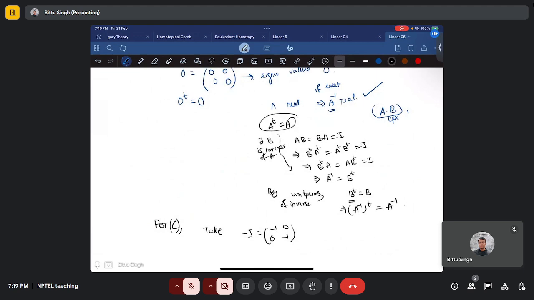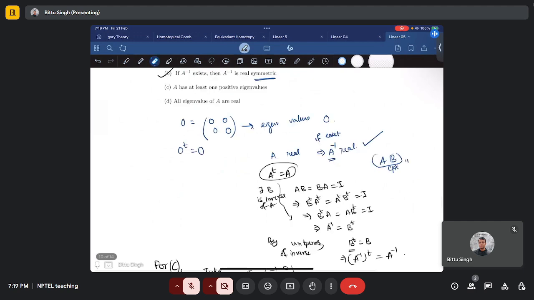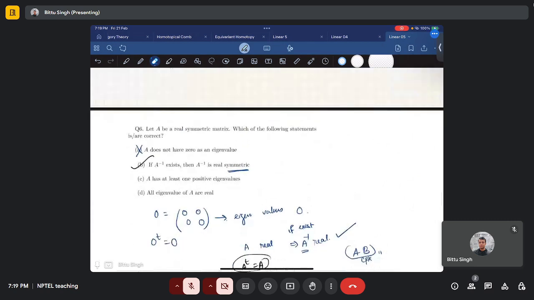I have already said that for any diagonal matrix or any upper or lower triangular matrix, the eigenvalues are the diagonal entries. It is just a simple observation, and from the determinant calculation, it is very simple to see. So in this case, the eigenvalues are minus 1, minus 1, minus 1. Therefore, all eigenvalues can be negative. So this is false.